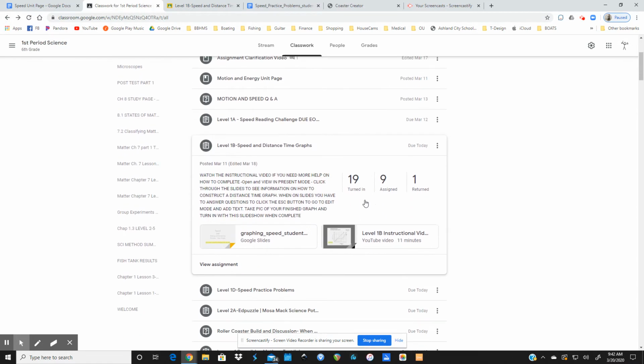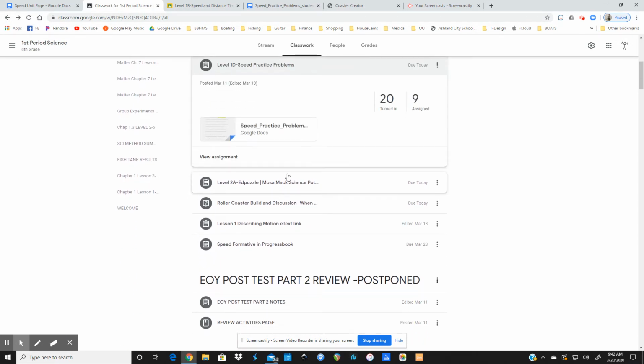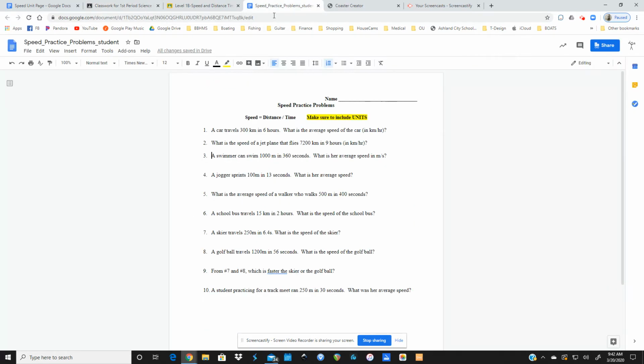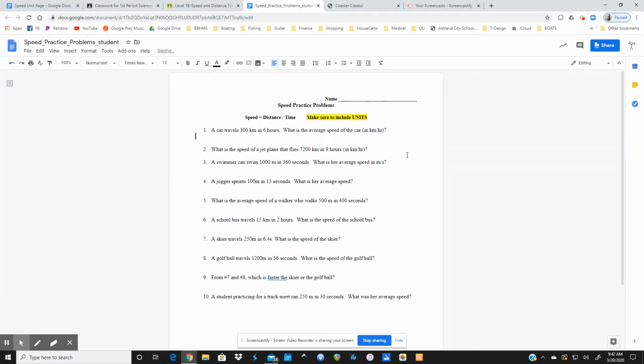All right? Then we had our speed practice problems. And this is just reviewing how to use our formula, speed equals distance divided by time. Right here. So, if a car travels 300 kilometers in 6 hours, what's the average speed?